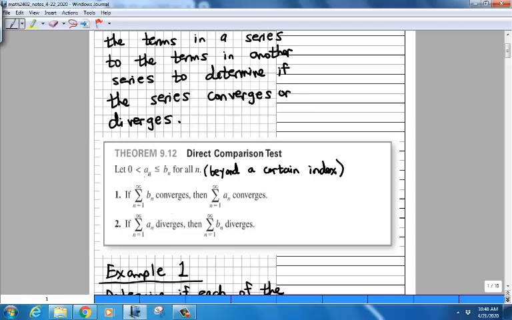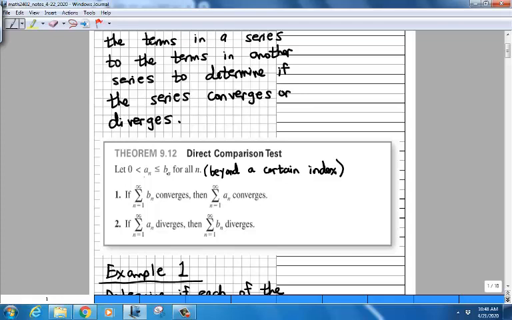On the other hand, if you already know that the smaller series diverges, so if you already know that the smaller series doesn't add up to a finite value, then that means the larger series is not going to add up to a finite value either. If these terms are bigger than these terms, and these terms already sum up to infinity, then the larger series can't converge either.